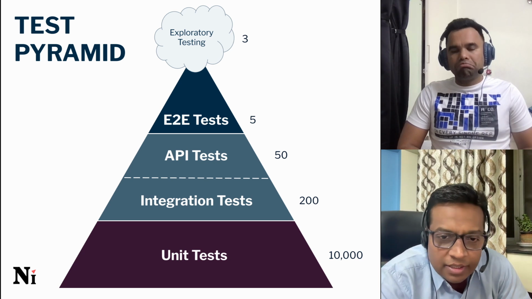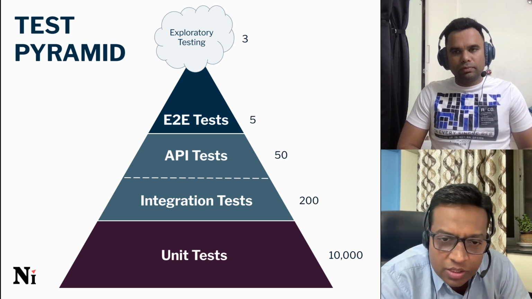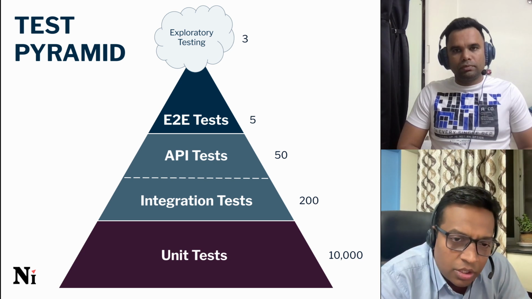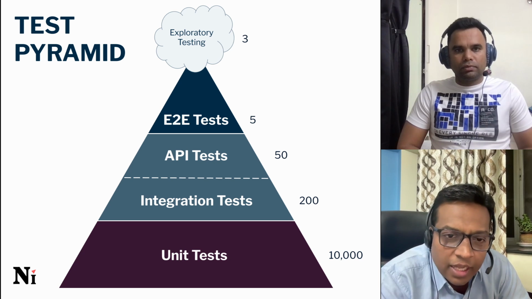So that's why unit tests are just so valuable to write, and that's why we would recommend teams all the time that they should write as many unit tests as they can.